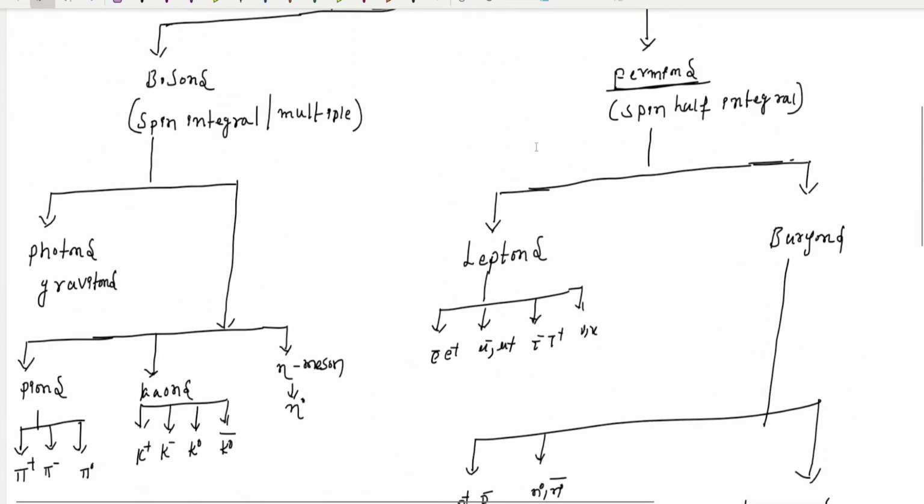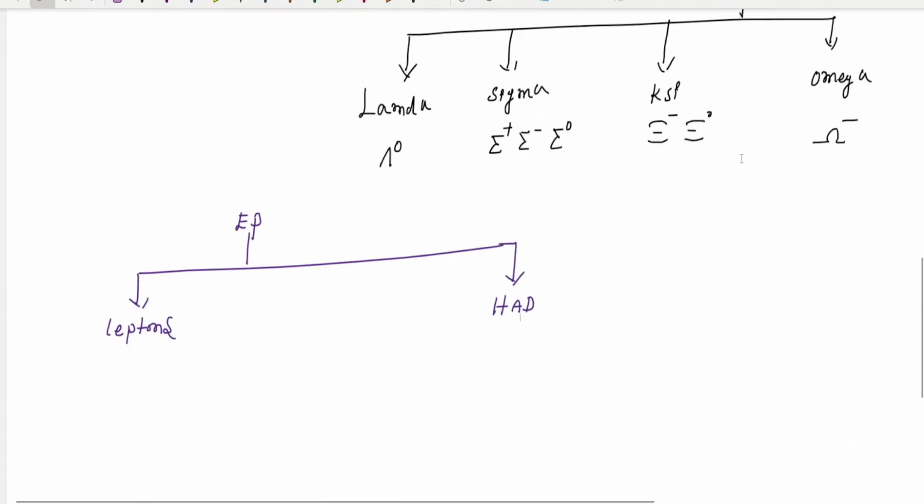So the elementary particles are classified. We already know elementary particles are classified into two categories, right? The leptons and the hadrons. This is another shortcut classification, not the original classification. If you have any doubt, just observe here the fermions, right?